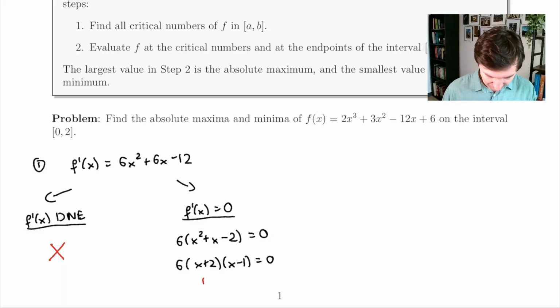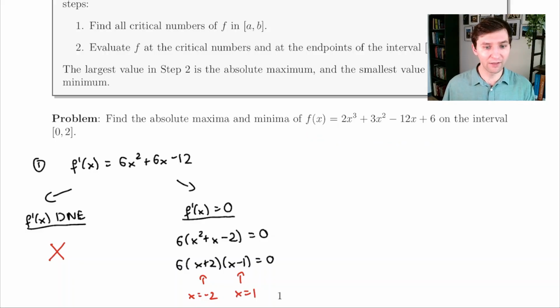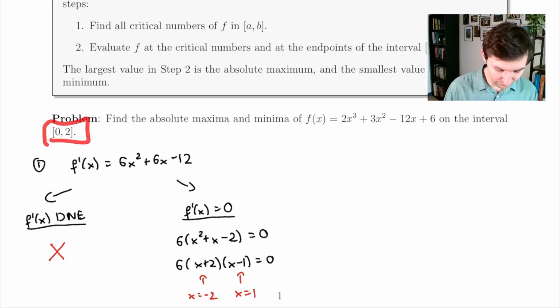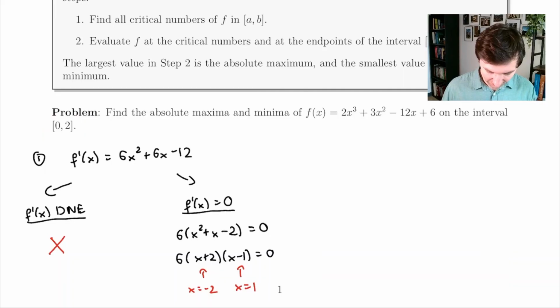There are two x's that make this 0, x equal to negative 2 and x equal to 1. Out of these two critical numbers of the original function, only one of them is inside of the interval from 0 to 2. It is x equal to 1. That is the only critical number I will take into consideration.